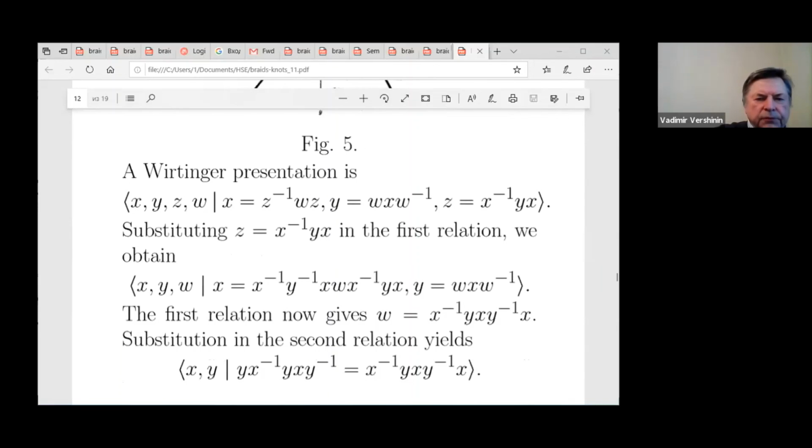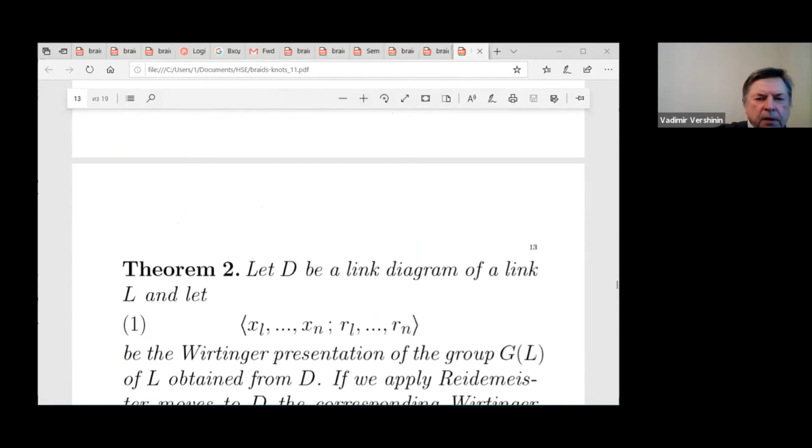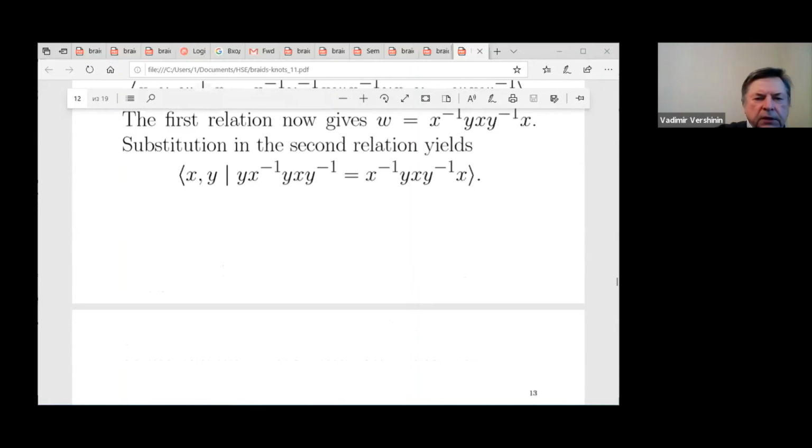Yes, I'm a little bit wrong. But finally, this is quite complicated, but this is the group relation for the figure 8 knot. Okay.